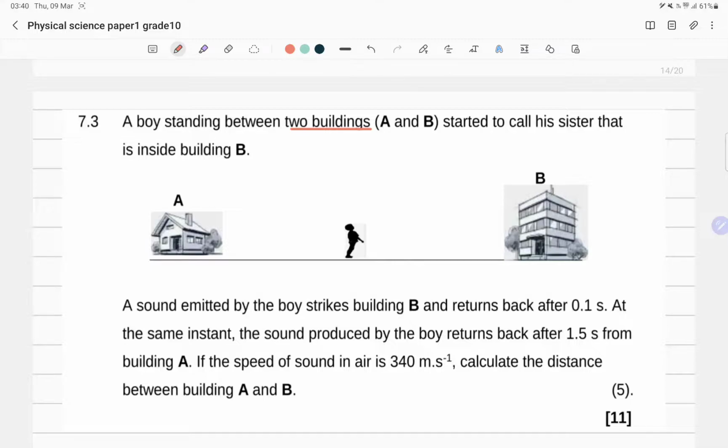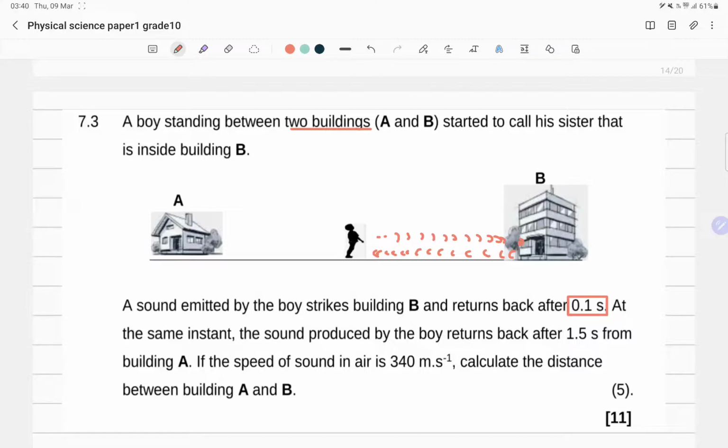Now I'm trying to think about it. He sends the sound. The sound goes, and then it goes back to him. Now, what are we talking about? What is this time here?